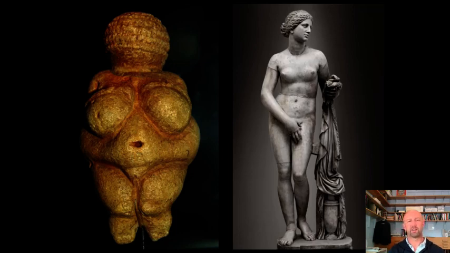This figure over here on the left, the Venus figure from Willendorf, which is, by the way, near modern-day Austria, is a little figurine. She's carved out of limestone, and she was covered in a red ochre. Red ochre was probably associated with fertility and fecundity, which is a fancy word.